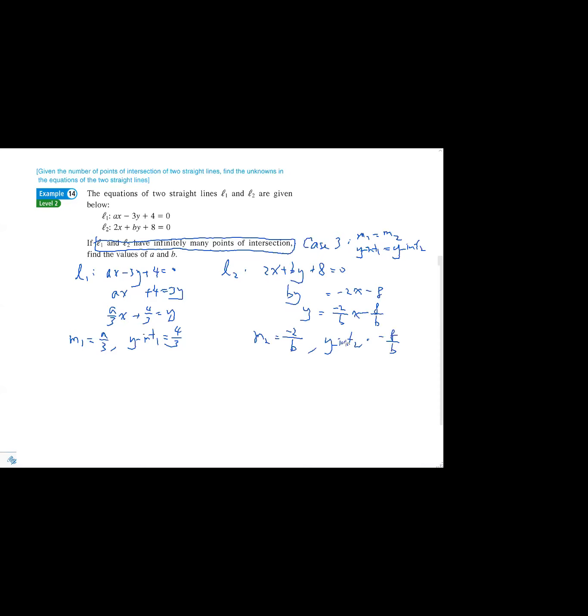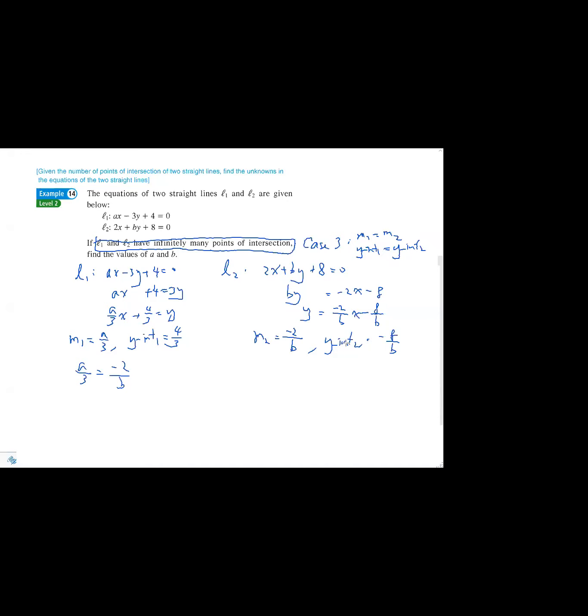But now we are going to use the information given by the question. M1 is equal to M2, so a over 3 is equal to negative 2 over b.